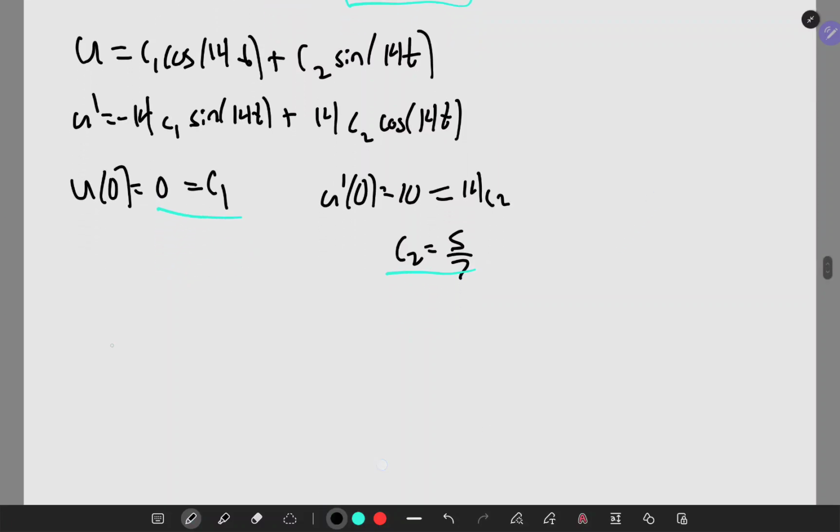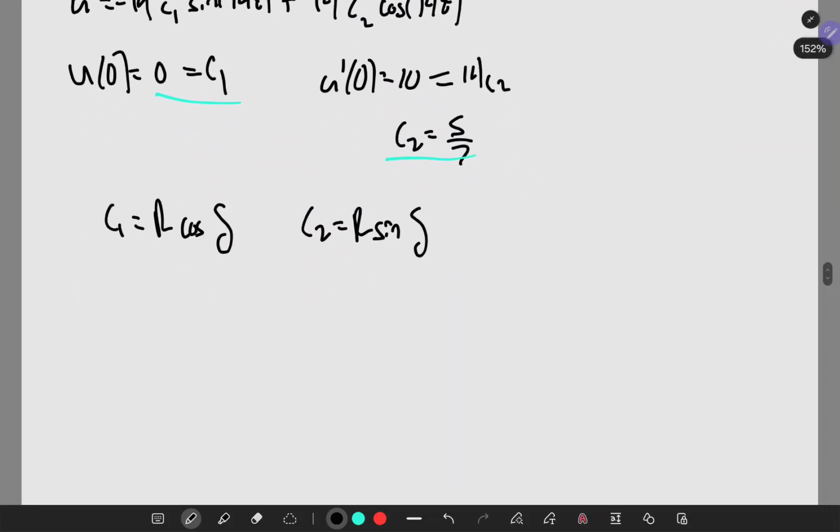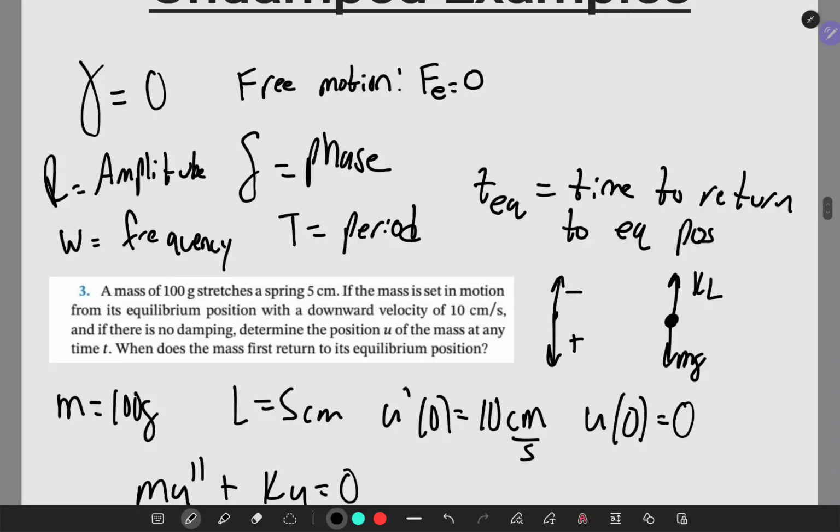I'm going to use these because remember, C1 is equal to r cosine of delta, using polar coordinates. C2 is equal to r sine of delta. To solve for r, I'm going to solve for everything because why not? I know it doesn't ask for it. Actually, we do need r. No, we don't, because it only asks for the time, doesn't it?